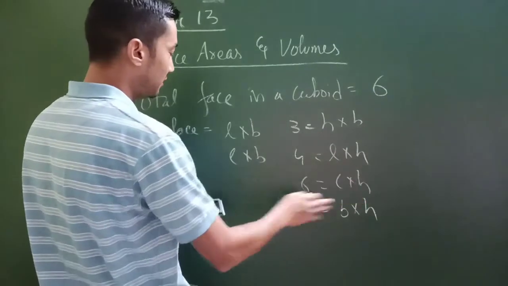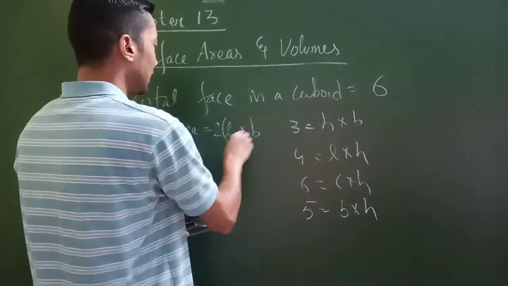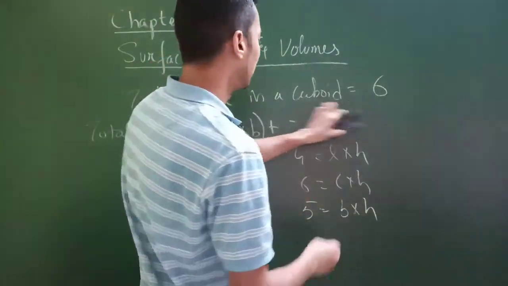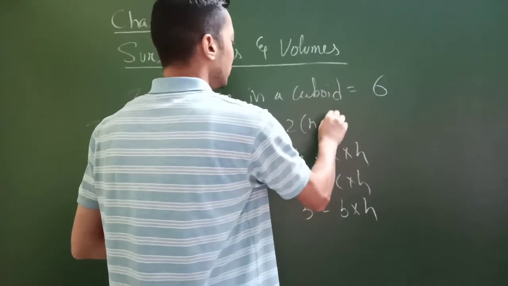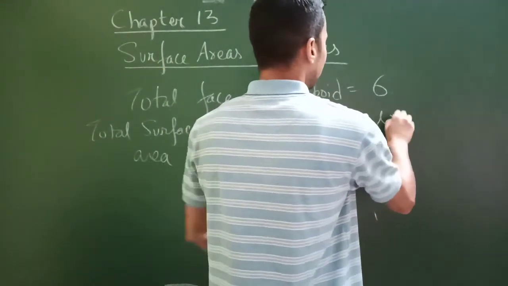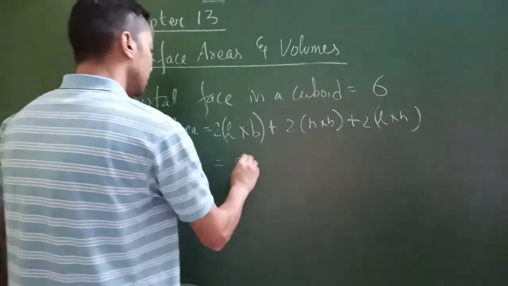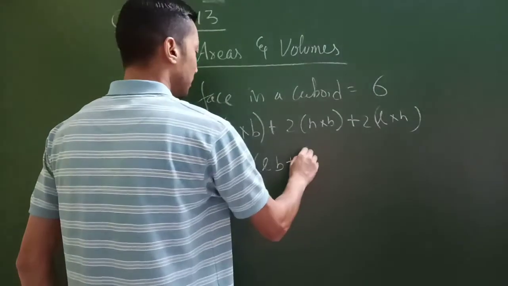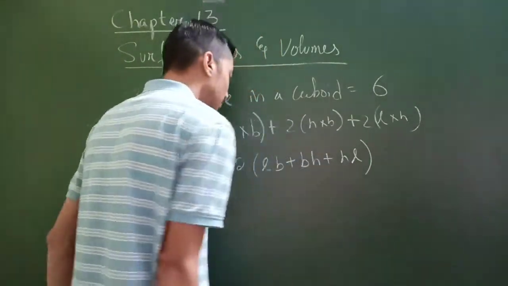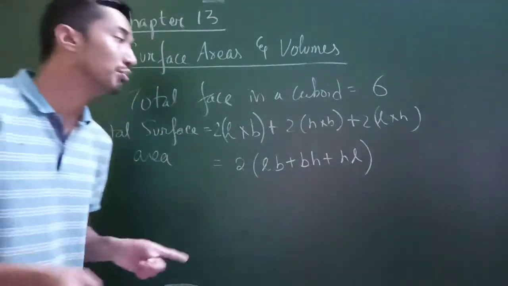When you add all the 6 faces, we will have L into B, L into B, so twice length into breadth, plus 2 height into breadth, plus 2 length into height. So ultimately the formula that comes out is 2 times (length into breadth plus breadth into height plus height into length). This is called the total surface area of a cuboid.